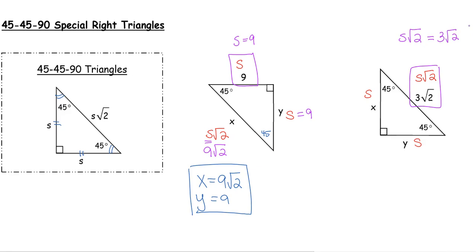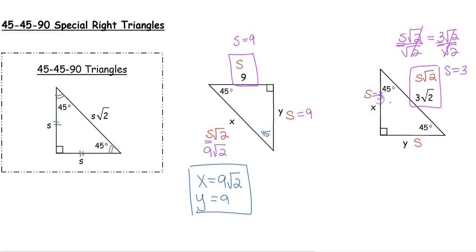If I'm not given S, the first thing I do is solve for S. In the first one I was given S. Most of you can probably look at this and go, oh, S root 2 is equal to 3 root 2, therefore S is 3. Or you can solve. It's S times root 2, so we divide by root 2. Those cancel, leaving us with S is equal to 3.